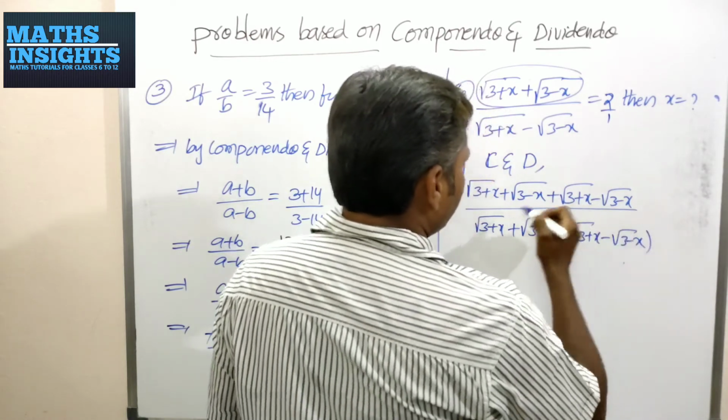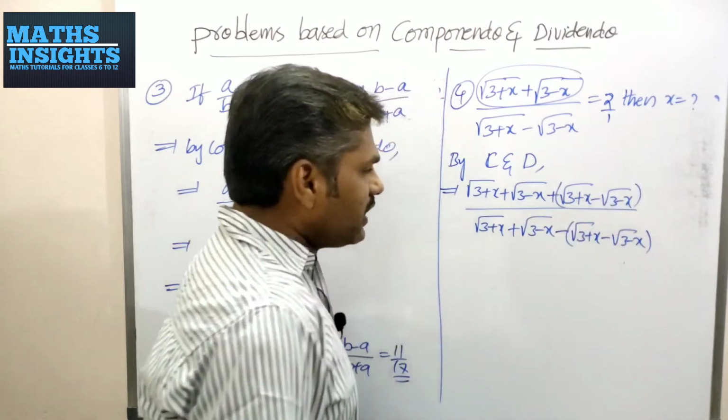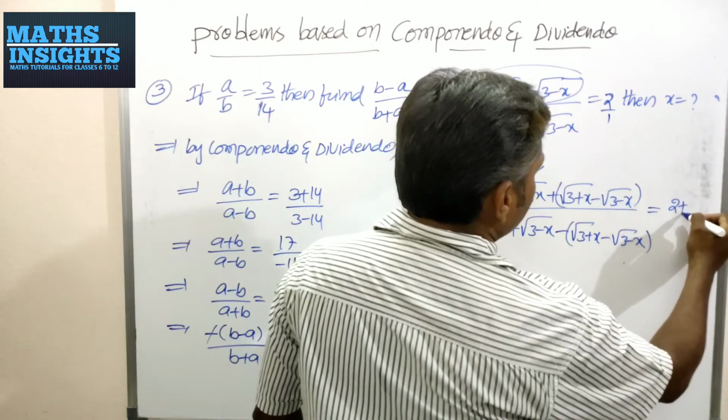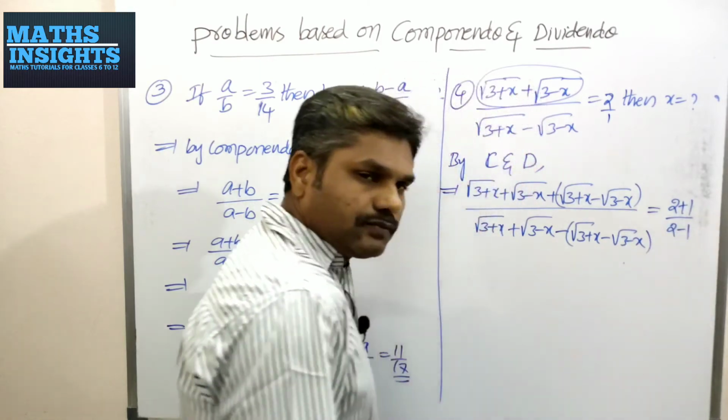I am closing within the brackets, that's why I am writing minus as usual, that is equal to 2 plus 1 by 2 minus 1, okay.